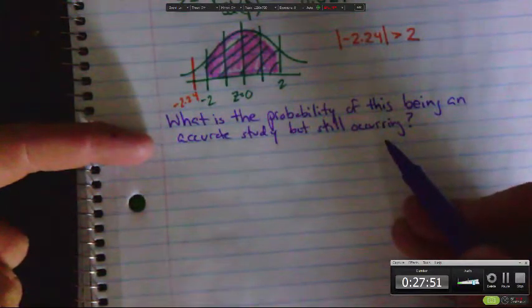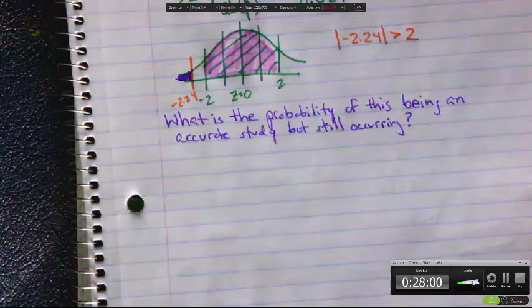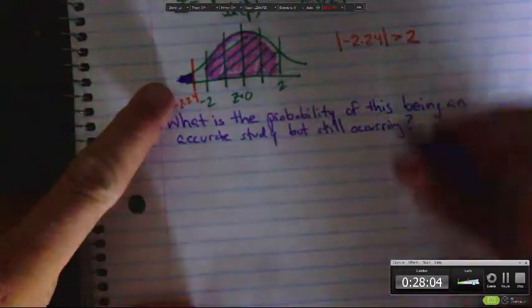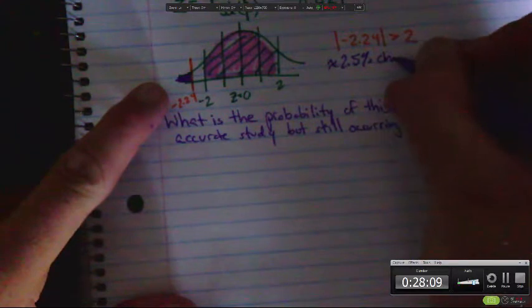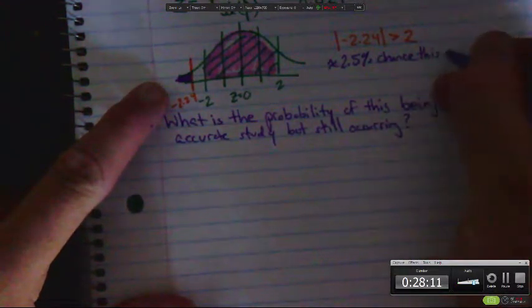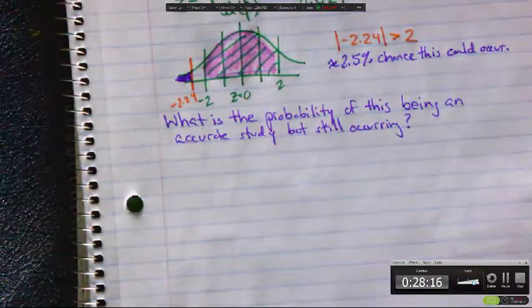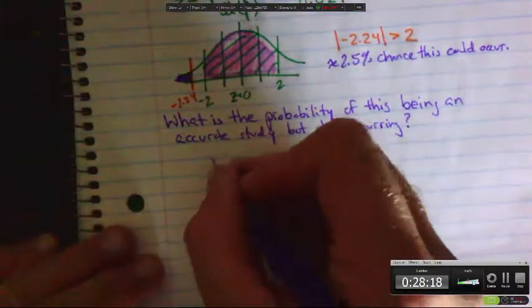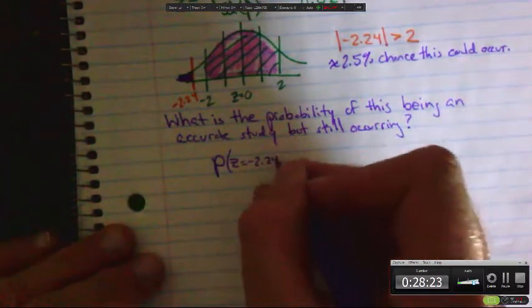We need to find the p-value for this z-score because that's going to tell us the actual area of that region. We said there's approximately a 2.5% chance this could occur, right? If we look at the p-value for a z-score equaling -2.24, Hannah, go ahead.